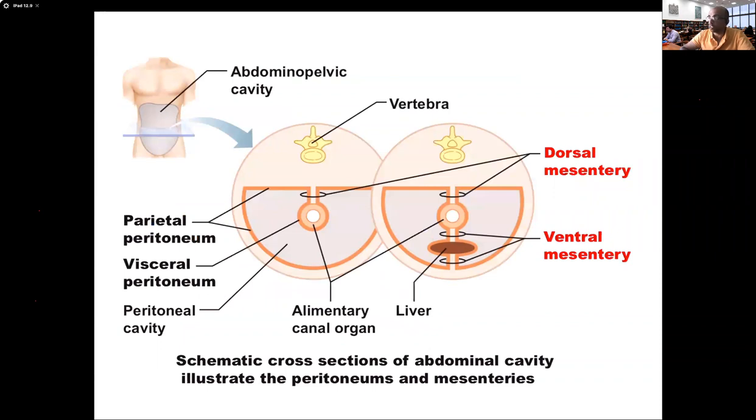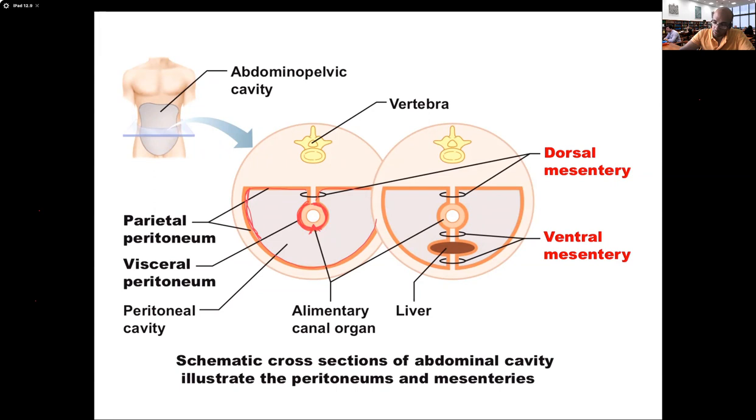So if we're looking here at the peritoneum, you will see two layers, a layer that would be covering the outside of the organ, and another layer that will be lining the abdominal cavity. Visceral layer is the one that will be covering the organ, and the parietal layer is the one that will be lining the abdominal cavity.